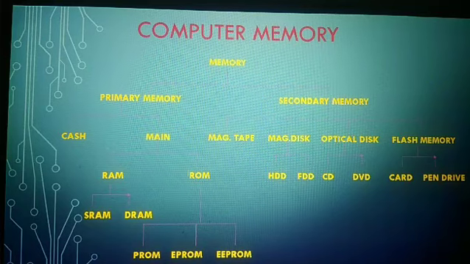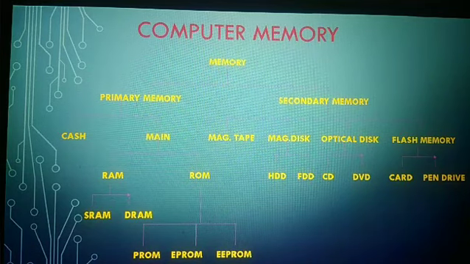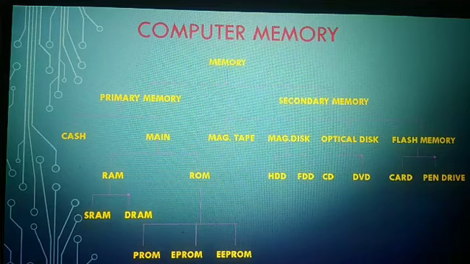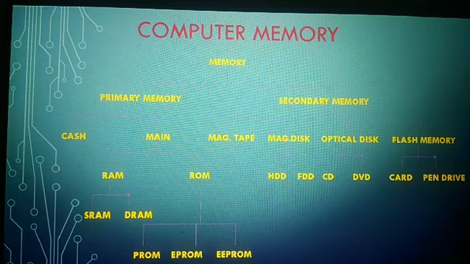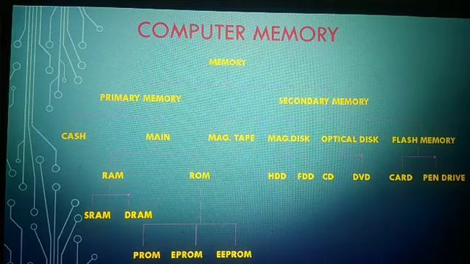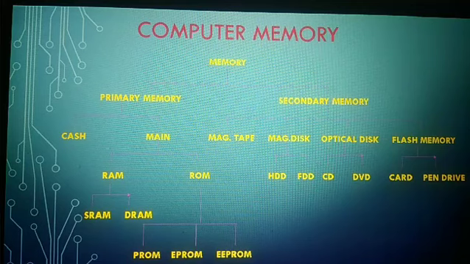HDD is a high capacity storage device that is fixed inside the computer cabinet and contains all software and data. Nowadays 1 TB and 2 TB hard disks are used in PCs. Nowadays external hard disks also come so that we can carry our data.